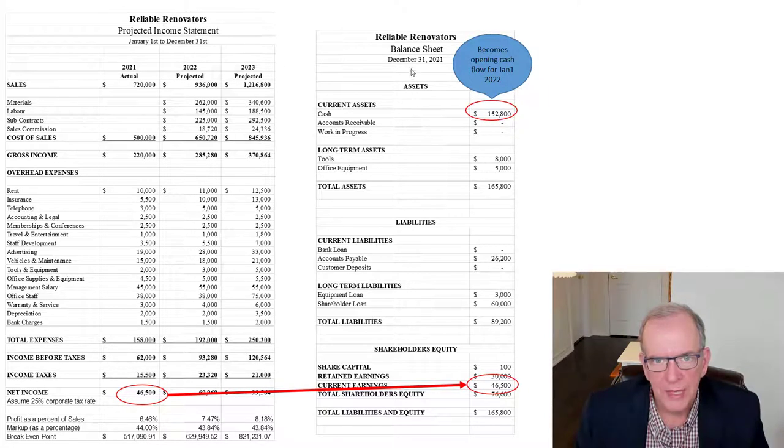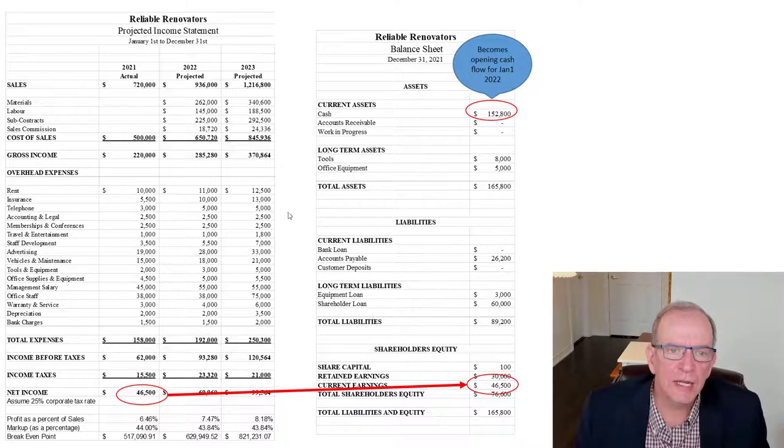So let's assume it's end of day, December 31st, 2021. We have $152,800. This is going to connect to our opening cash flow for January 1st, 2022. Because if we have that much cash, liquidity, that's what we'll be looking at. And cash flow looks at cash.